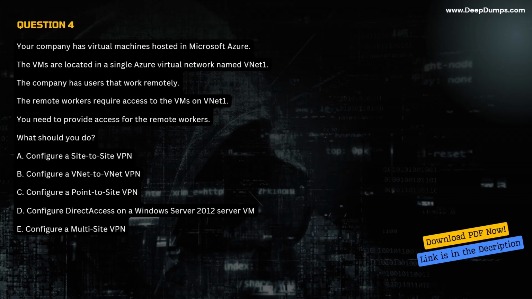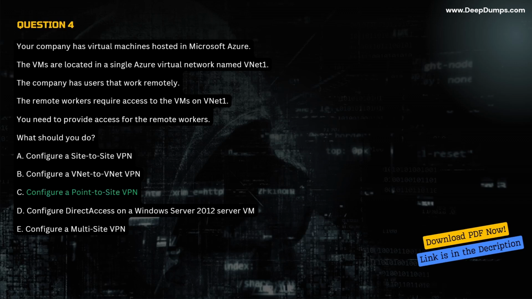What should you do? A. Configure a site-to-site VPN. B. Configure a VNet to VNet VPN. C. Configure a point-to-site VPN. D. Configure direct access on a Windows Server 2012 server VM. E. Configure a multi-site VPN.